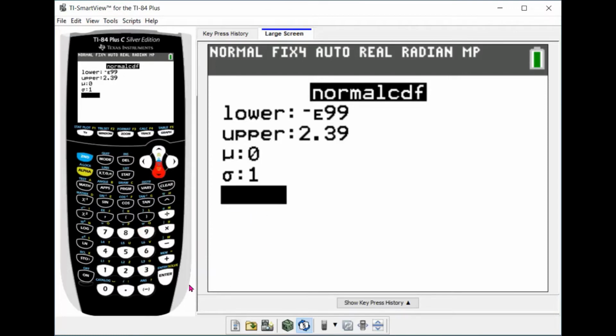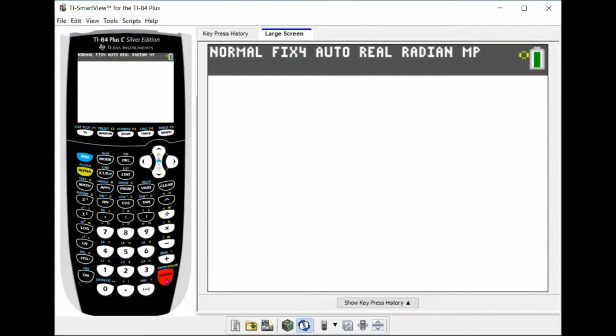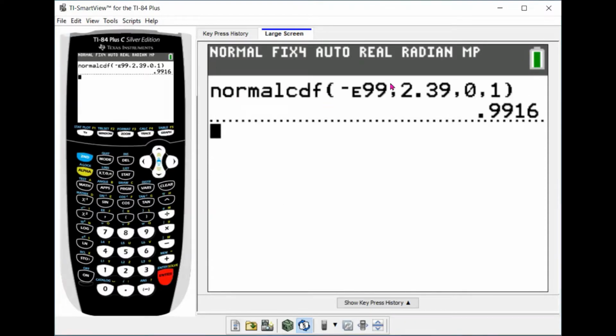And if you paste this, you'll see what you have written in your notebook. See, it's exactly the same as what we have written in the notebook. And if you hit enter, you'll get the area, which is 0.9916.